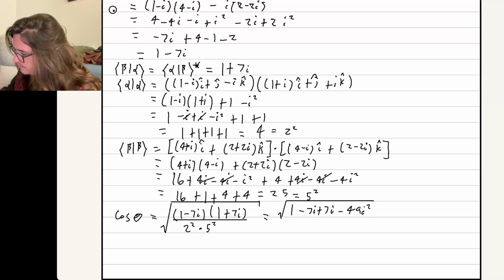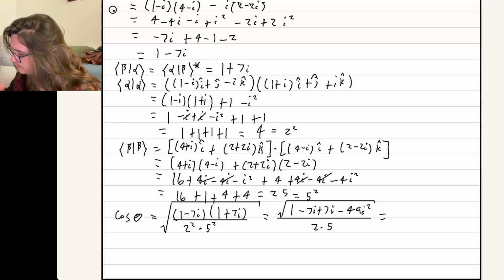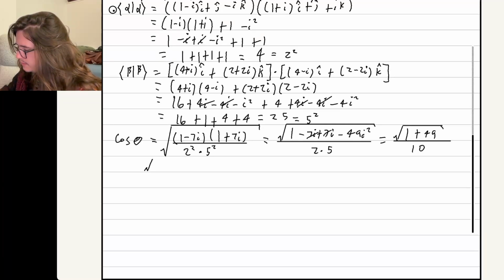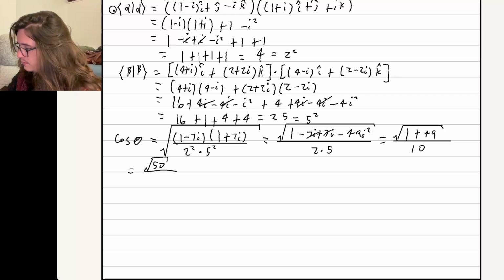So on the bottom we have 2 times 5, carrying that square root out. The i's will cancel out. We know minus i squared is 1, so it's 1 plus 49 on the top, and then we have a 10 down here. So 1 plus 49 obviously makes 50. So you've got root 50 over 10.